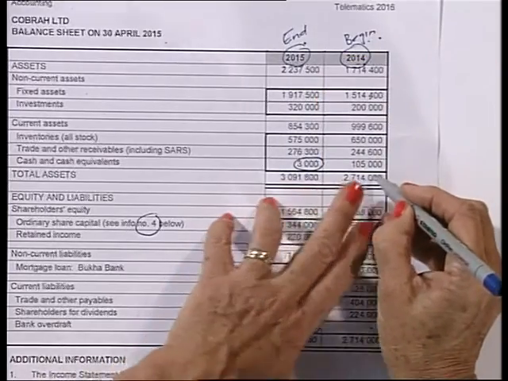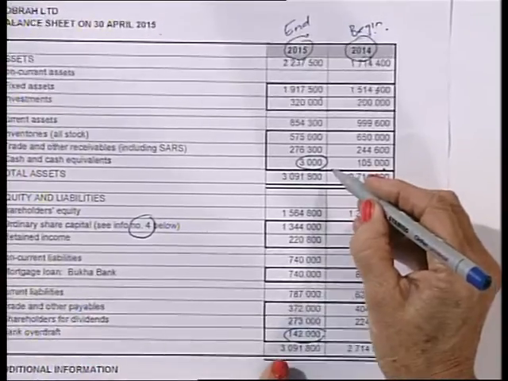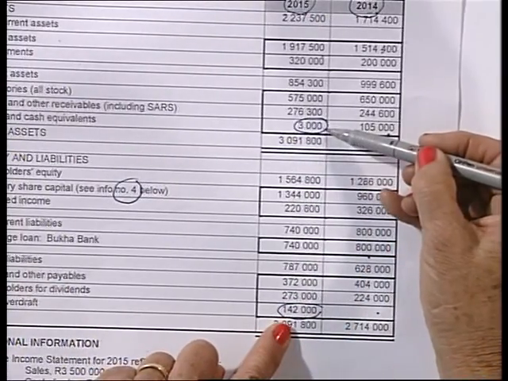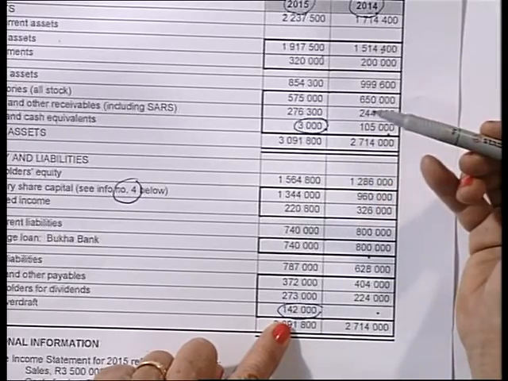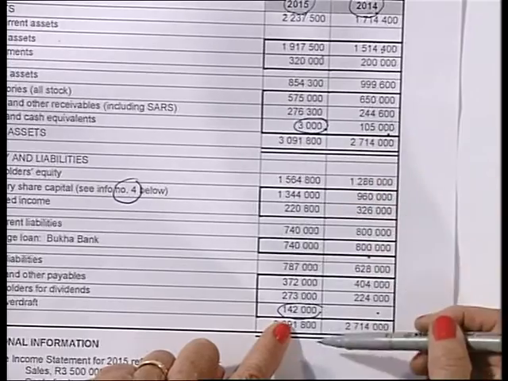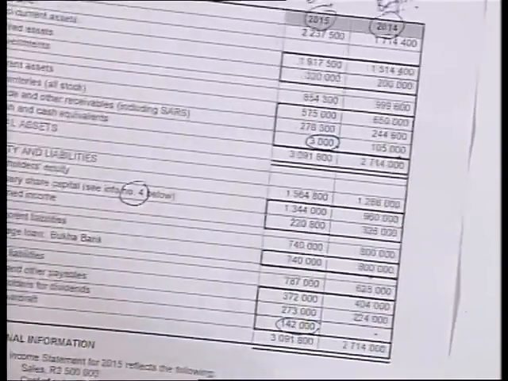This one was more difficult because you got a bank overdraft, so you got positive 3,000, which should be your petty cash, and a negative 142,000. So you only subtract the one, and then you got negative 139,000. So this is a part all of you must get correct, because it's very easy to do.